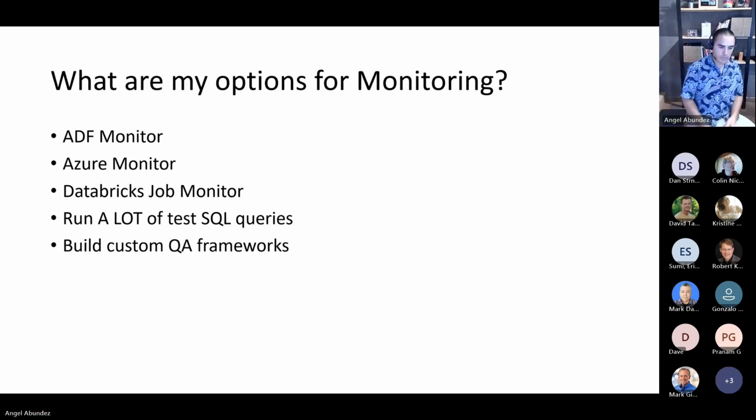So, I already covered the architecture, right? And I already told you that one of the monitors that was my best friend was the ADF monitor. But it turns out that Azure has a ton of monitoring built into it right out of the box.